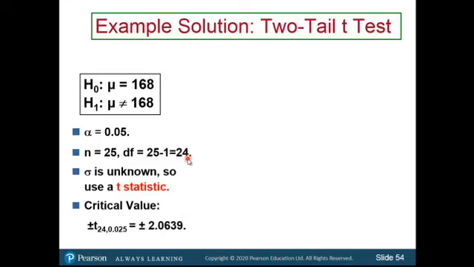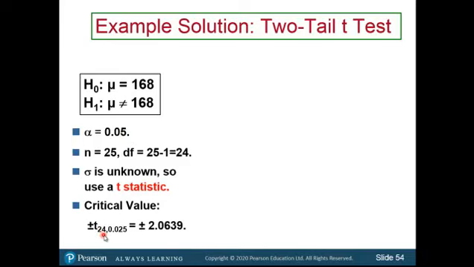To find the critical value, you have to look into the t distribution based on the degrees of freedom 24 and alpha level equal to 0.05 for the two-tail test.